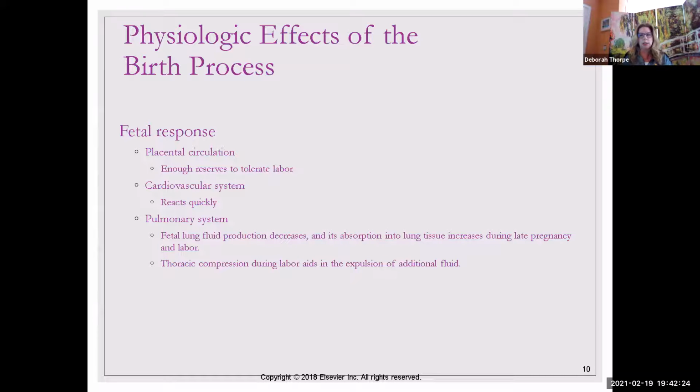Usually the placental circulation is enough during that rest period to keep the baby healthy and reactive during the whole labor, and everything is fine.